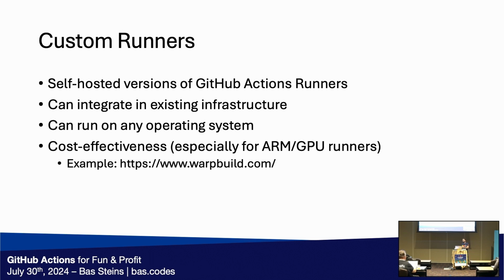Of course, you don't pay per minute then if you just put your bare metal server in the basement and connect it. You can run as many actions as you want. You can also run on any operating system, including macOS, which makes some interesting combinations possible for people developing iOS applications because they can run Xcode natively.